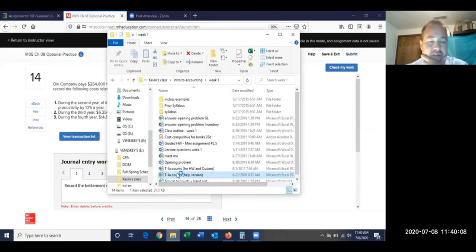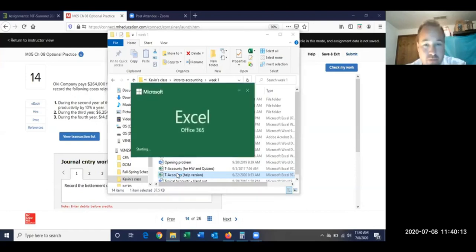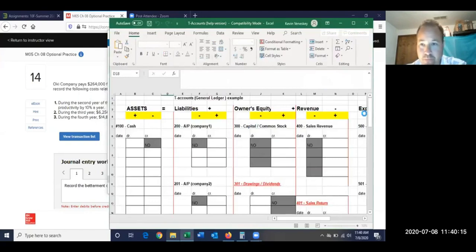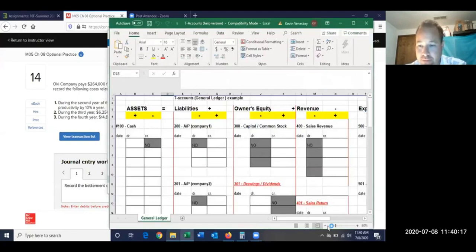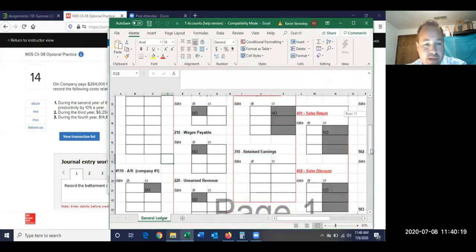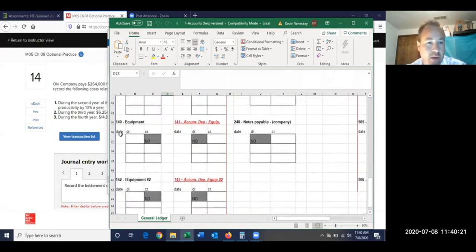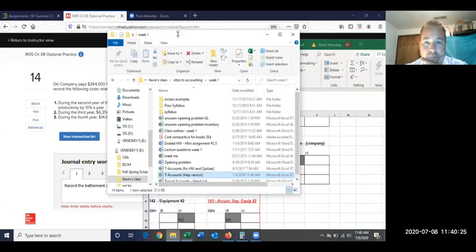I think you'll find it helpful if you do this off to the side and not try to just remember everything. All right, so let's scroll down to our equipment area since that's what we're talking about, and we'll put these numbers in as we go.